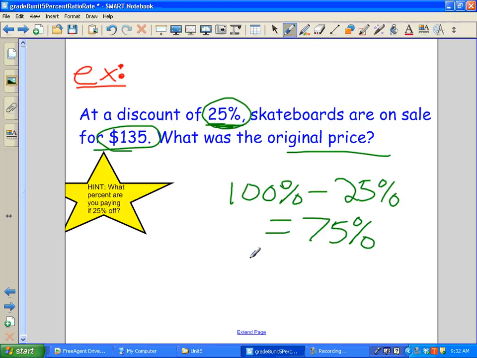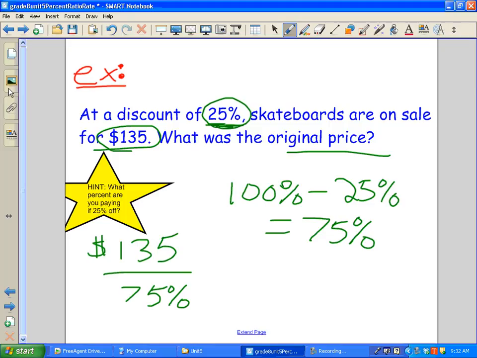Now the way to work that out is simply using the formula. What is our percent on the bottom? Okay, so our percent goes on the bottom, and we're going to take our money, $135, and we're going to divide it by the percent so that we know exactly how much 1% will be.